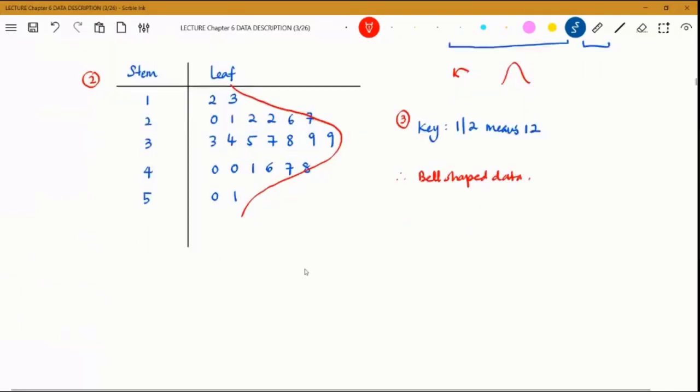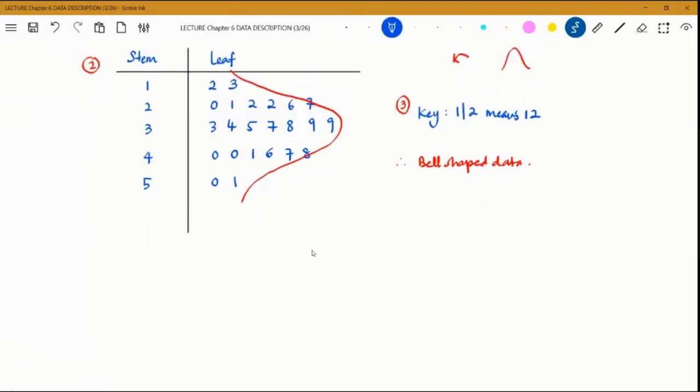Okay, let's say if we have 3 digits. So kalau 2 digit, let's say kita ada 12, 2 digit data. So this one will be for the stem, this one will be for the leaf. Okay, if we have 3 digits, let's say we have 1, 2, 3.